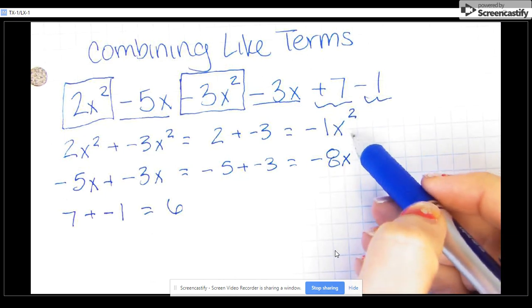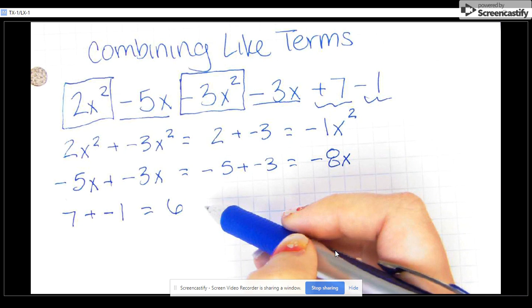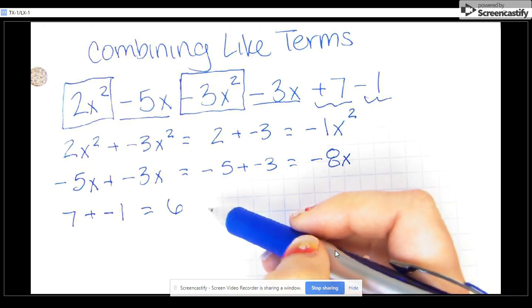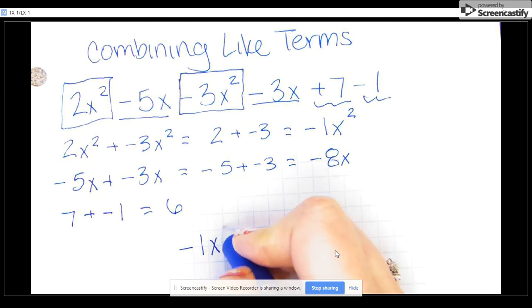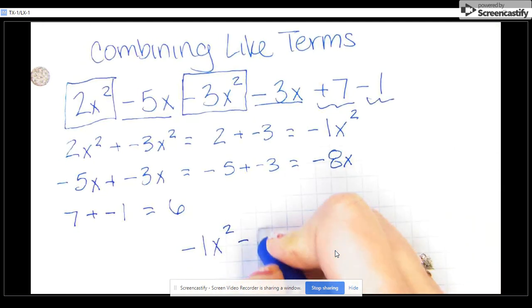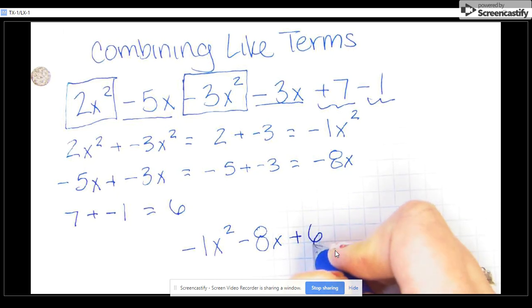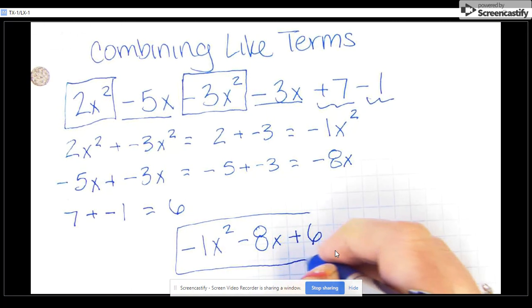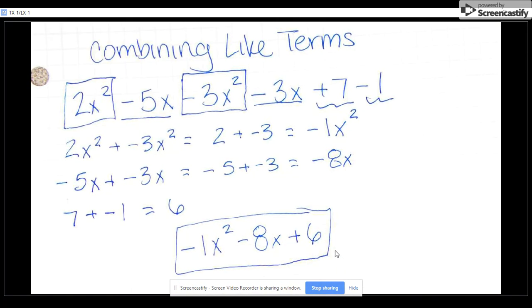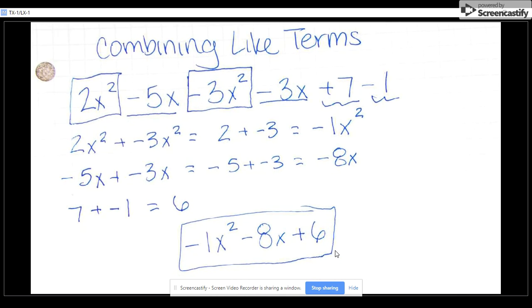Now, since this has an x squared, this has an x, and this doesn't have an x at all, I can't combine them. So I'm going to rewrite it with the biggest power first, all the way to a number that does not have a power at all. And I have my final answer. Since there is no equal sign, there is nothing else I can do.